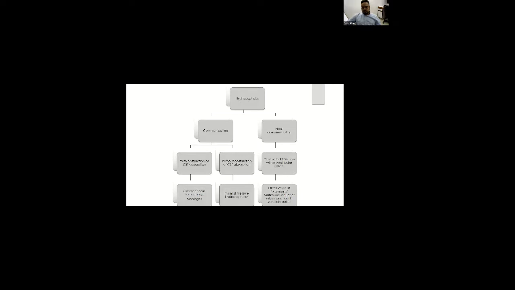In the non-communicating type, there is obstruction of the CSF flow within the ventricular system, and the obstruction will be at the level of foramen of Monro, aqueduct of Sylvius, and the fourth ventricular outlet.